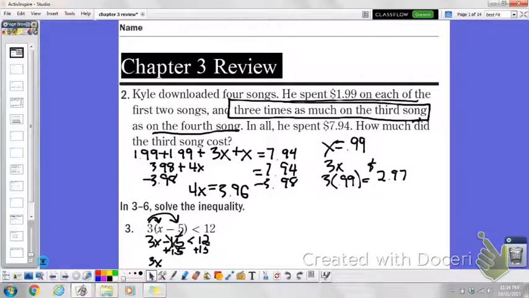These 15s cancel out. This is less than 27. Divide both sides by 3. Now we'll get x is less than 27 divided by 3. This is an inequality. X is less than 9.